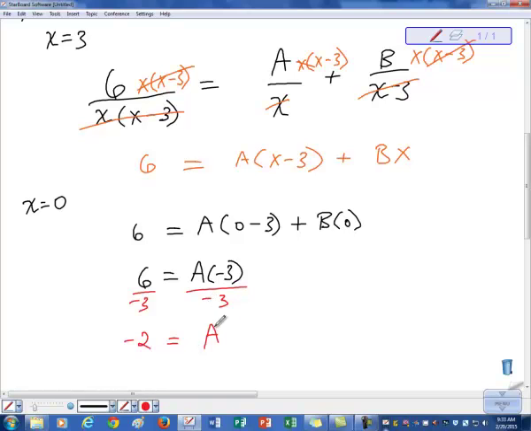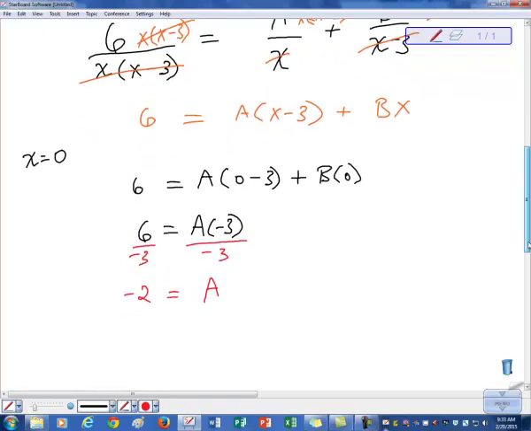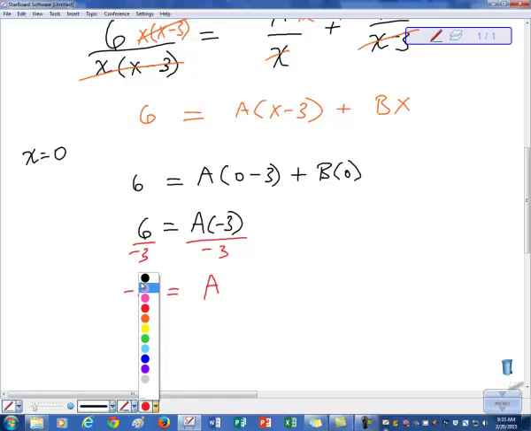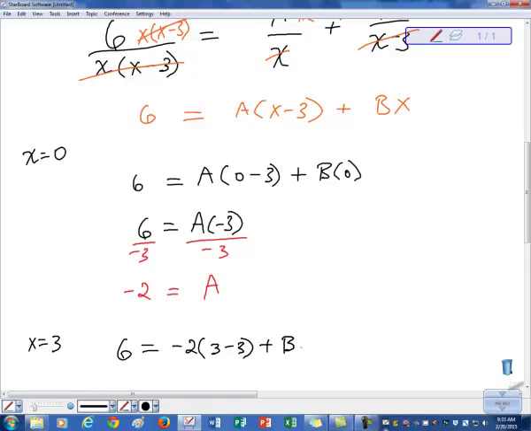Alright, so now we have A, but we need to find B. So we can use the other factor of the denominator, x equals 3, and we plug that in. So here we have 6 equals, and we know that A is negative 2, so we substitute that in. We're going to put 3 minus 3 in here for x, plus B times 3.